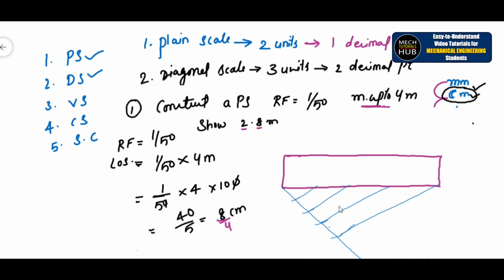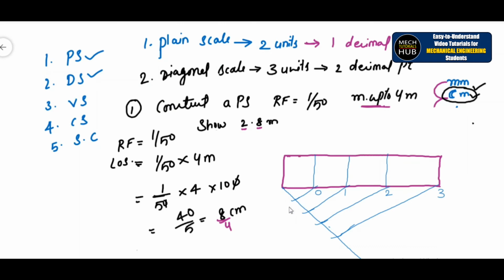Okay, after getting these divisions, simply drag a line vertically upward, number 1, number 2, maybe number 3. Now you can name these 0, 1, 2 and 3. 1, 2, 3, 4 parts, you got it.